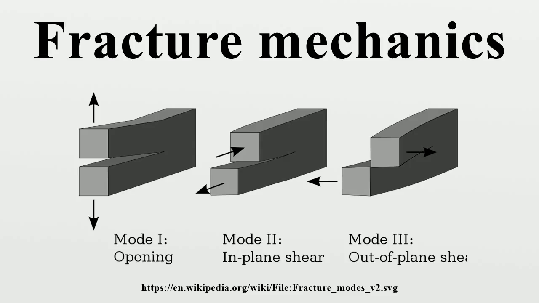R curve. An early attempt in the direction of elastic plastic fracture mechanics was Irwin's crack extension resistance curve, crack growth resistance curve, or R curve. This curve acknowledges the fact that the resistance to fracture increases with growing crack size in elastic plastic materials.